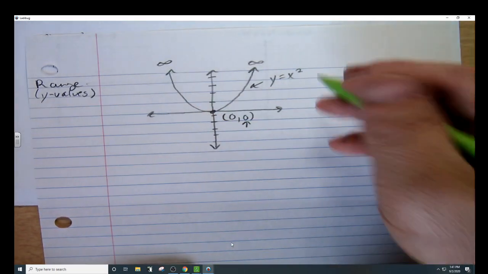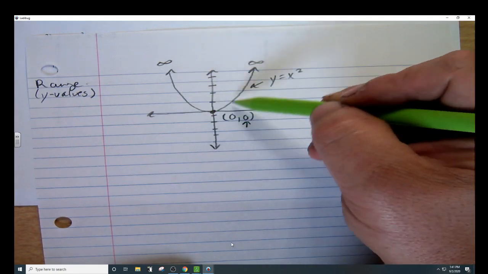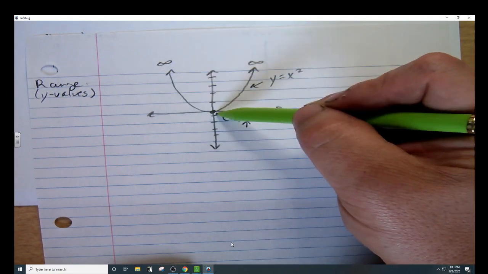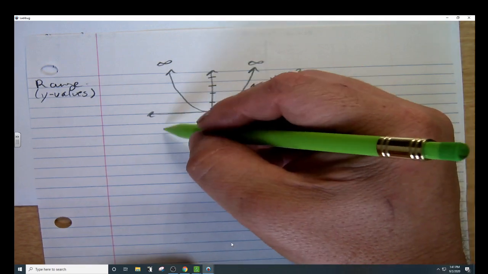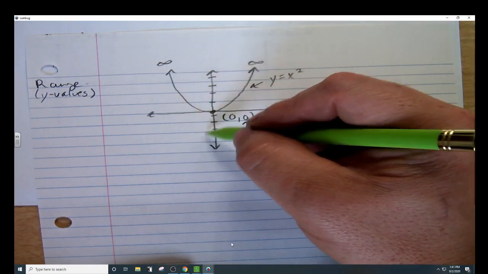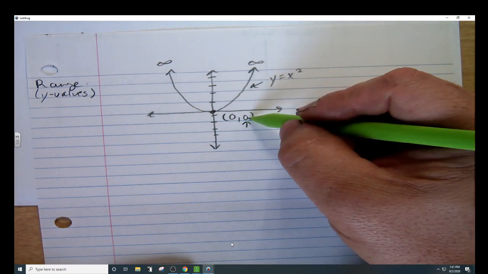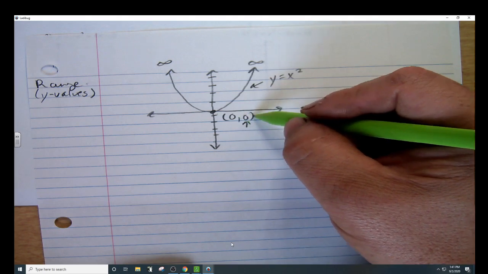So now think about it. If (0, 0) is its lowest point, then it's not going to cover anything down here. So you know there won't be any values down here. It's going to stop at the y value of the vertex.